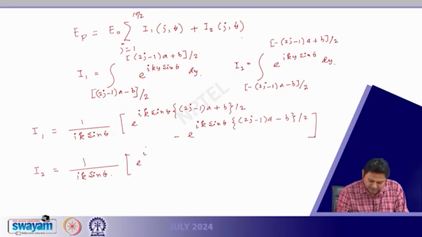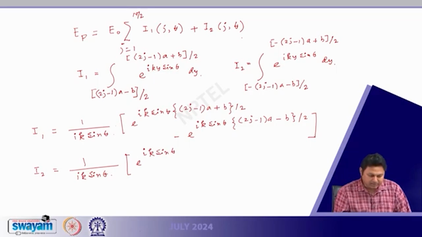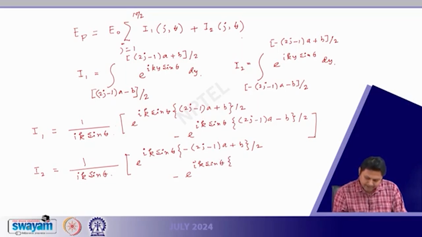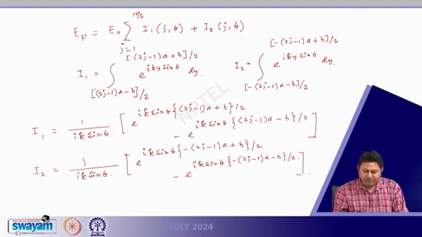It should be e to the power of i k sin theta, and first the upper limit, minus of ((2j minus 1)a plus b) divided by 2, and another term, minus e to the power of i k sin theta, and it should be minus of ((2j minus 1)a minus b) divided by 2. So, these two terms I execute here.